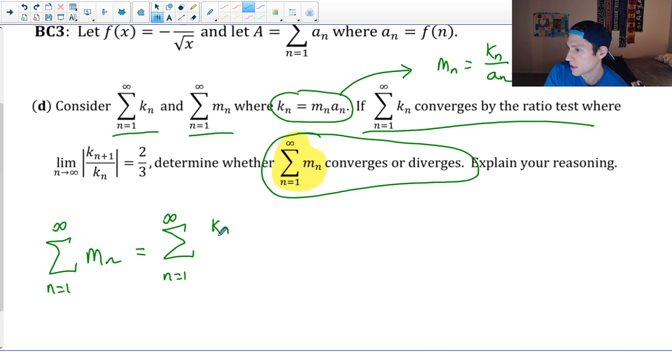Okay, so kn over an. All right, now what do we know about kn? I know that kn converges by the ratio test. Okay, that's interesting. Let's try using the ratio test then.